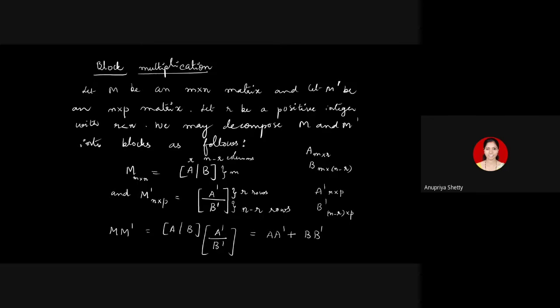It is as though you are multiplying a 1 by 2 and a 2 by 1 matrix. Suppose I take a row with entries A1, A2 and another with entries B1, B2. You multiply them as A1 into B1 plus A2 into B2, right?